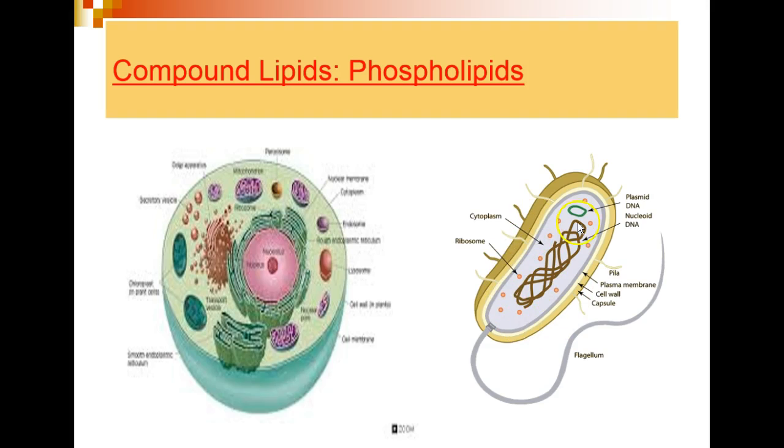In the prokaryotic cell, phospholipids make up the cell membrane. Remember, prokaryotic cells do not have internal membranes because they lack membrane-bound organelles.